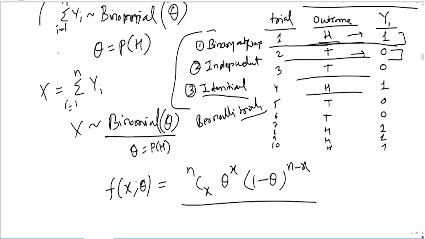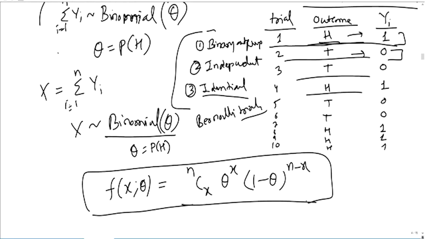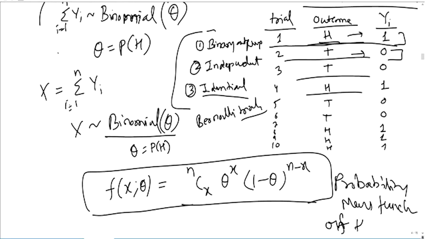We actually call this the probability mass function of the binomial distribution or the binomial random variable, okay, PMF.